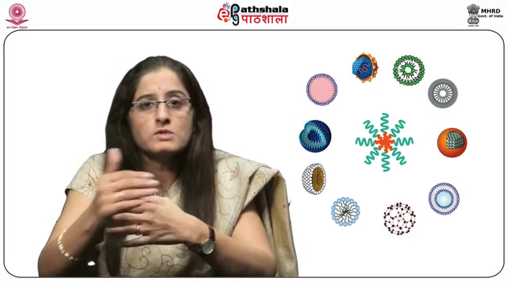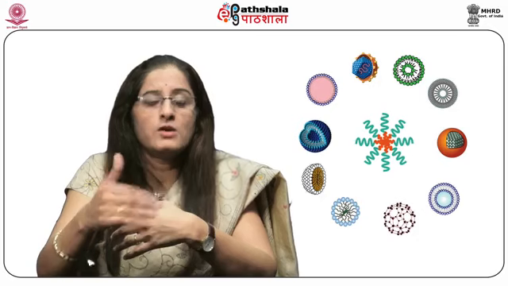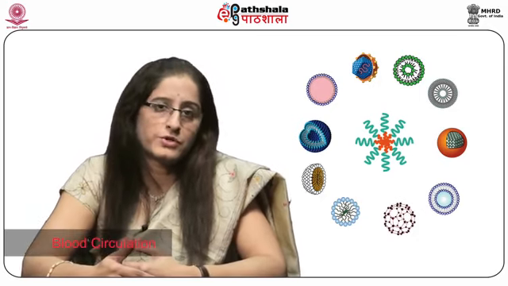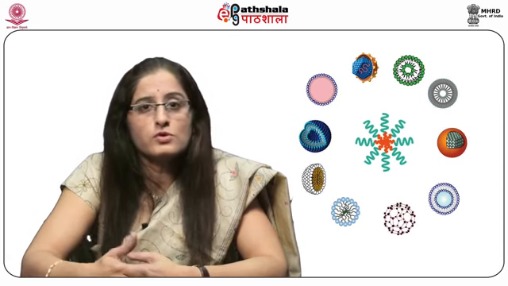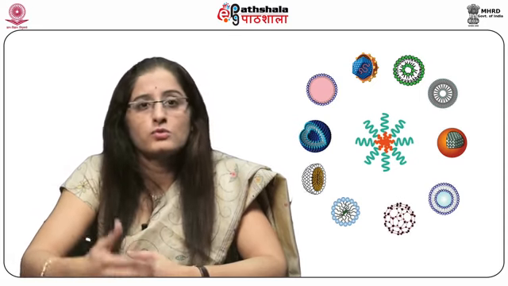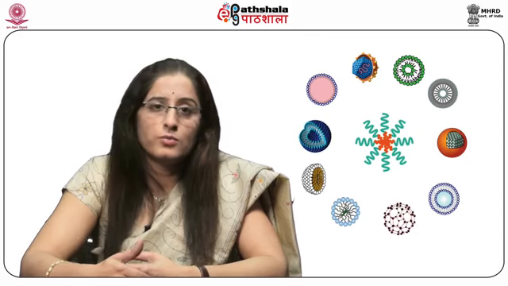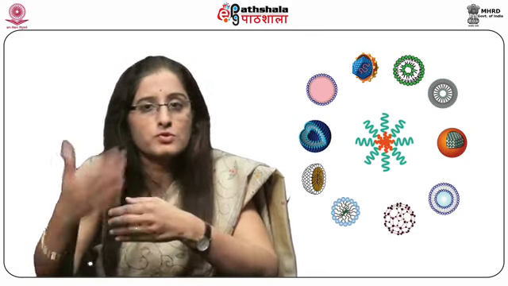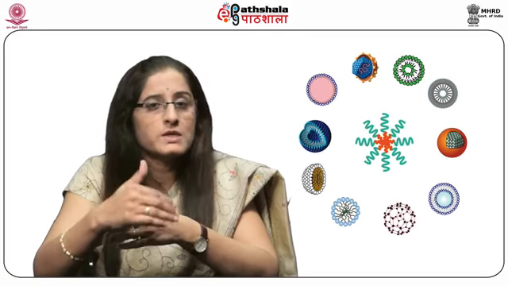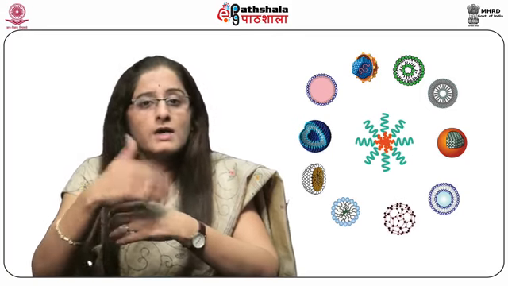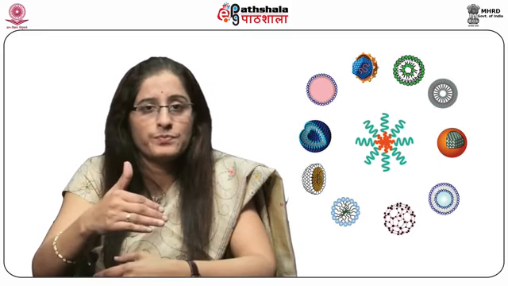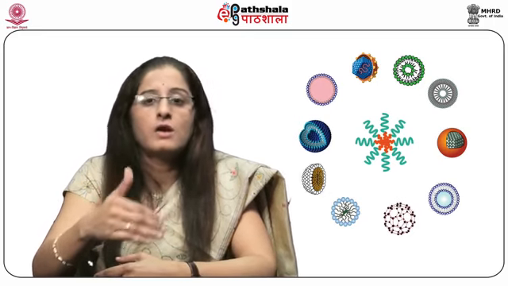Thus, liposomes are made stealth in order to increase their residence time in the blood circulation. Stealth liposomes are thus also known as long circulating liposomes. Conventional liposomes usually bind with opsonin proteins which are present in blood and are identified by cells of the reticuloendothelial system as antigens or foreign bodies.